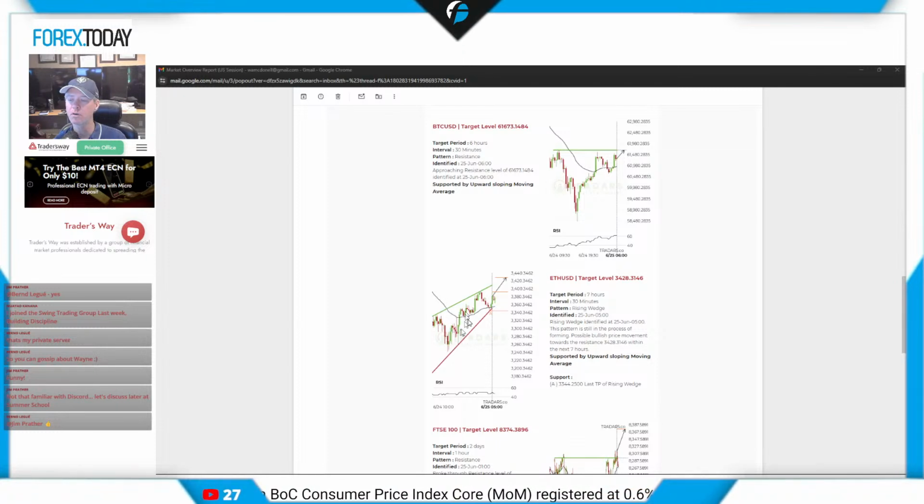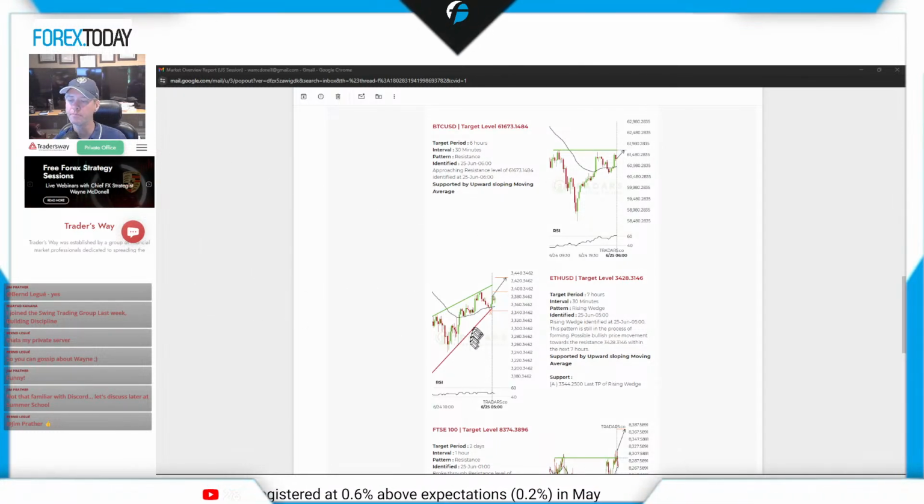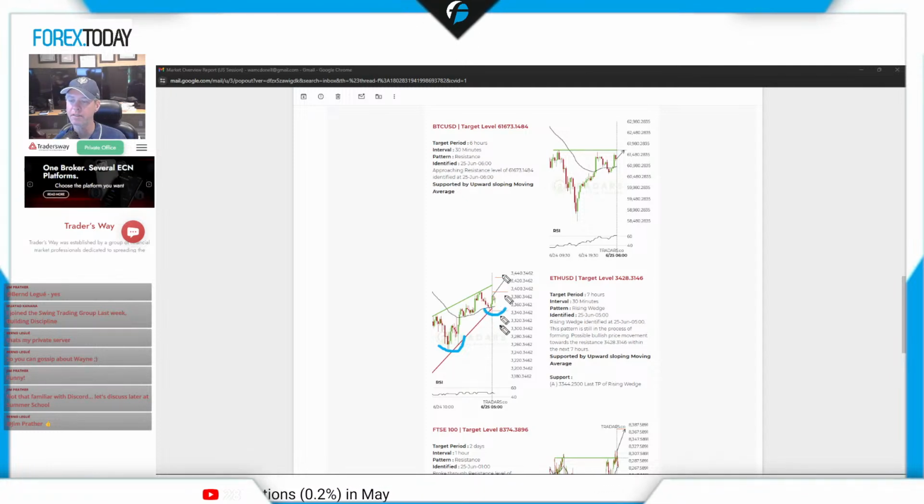Ethereum already showing a rising wedge. So if you're already a bull, yeah, these things are nice, right? Like, for example, if you're a bull, right, you buy at the bottom of the channel, and then you can project that out. And you can see all the projections here. And here, right?